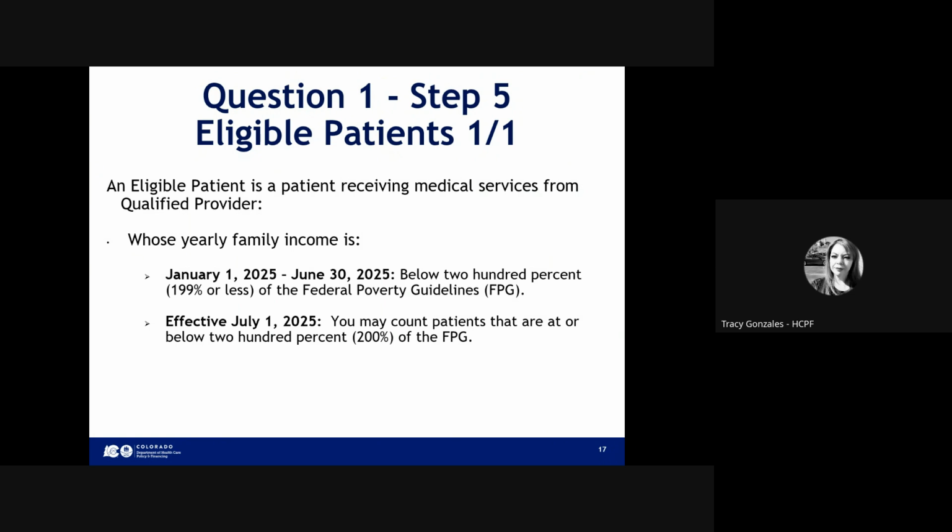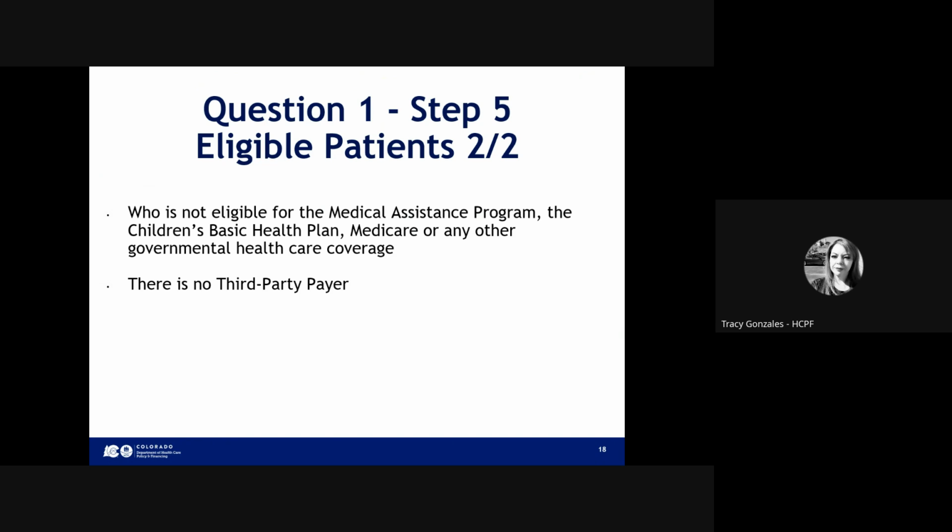And then effective July 1st, 2025, you could begin to count patients that were exactly at or below 200% of the federal poverty guidelines. An eligible patient is also a patient who is not eligible for Medicaid, CHP plus, Medicare, any other governmental reimbursement for healthcare costs, or third-party payer. So that's the reason that we deducted those patients from step 2 in the question 1 table.